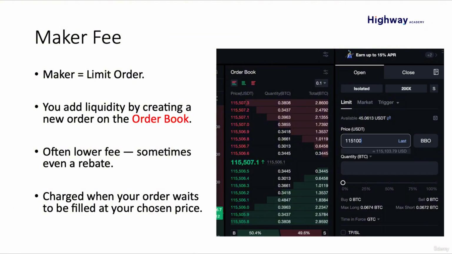So to summarize, taker equals market order, fast execution, higher fee. Maker equals limit order, slower execution, lower fee, sometimes a rebate. Knowing the difference helps you choose the right order type and save on trading costs, which is especially important when running strategies like funding-rate arbitrage, where small percentages can decide whether you win or lose.